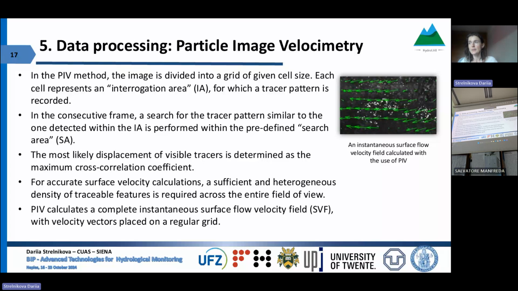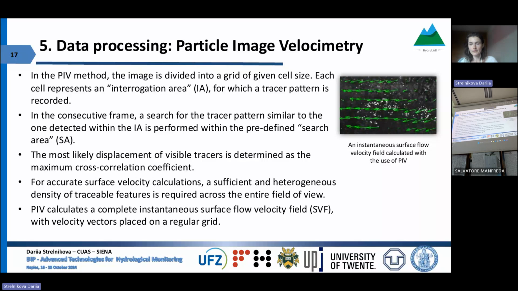We need to make sure that we have heterogeneous density and pretty high density of traceable features for this method to work. And as a result of application of PIV, we get this instantaneous surface flow velocity field.